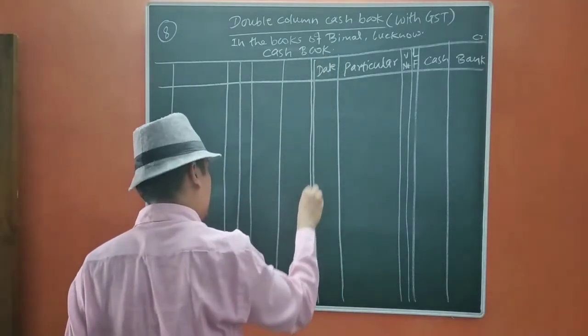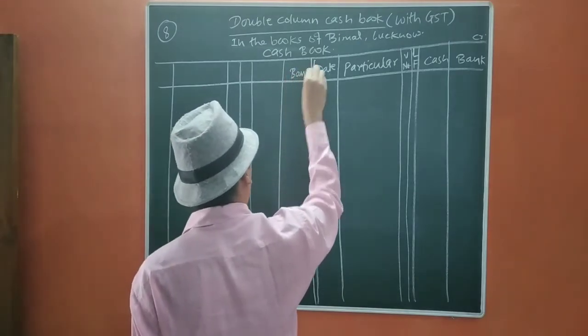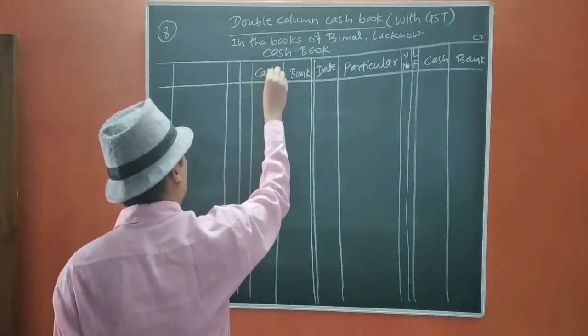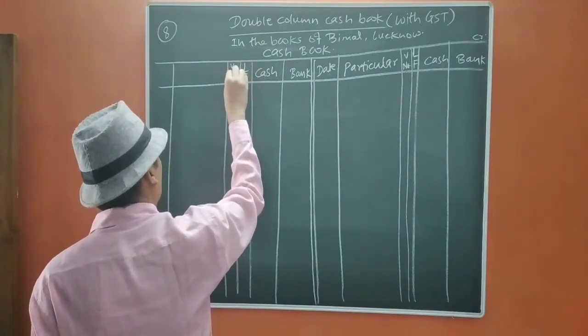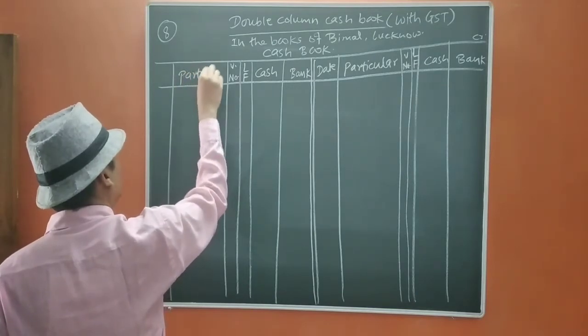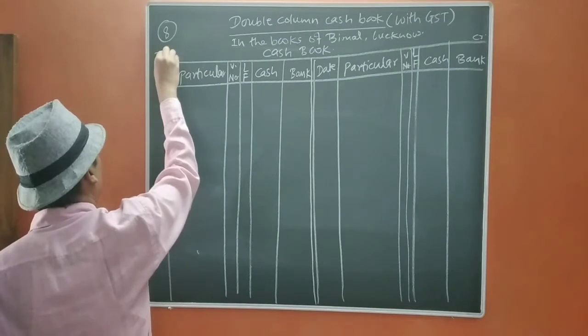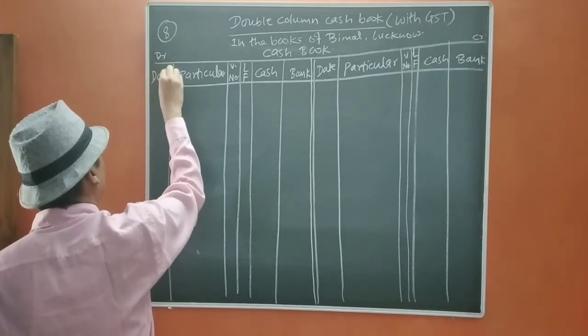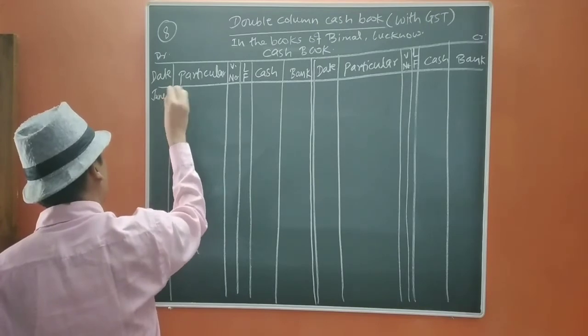Double line here, so it is going to be like bank, cash, ledger folio, voucher numbers, particulars, debit, date. This is June 1.